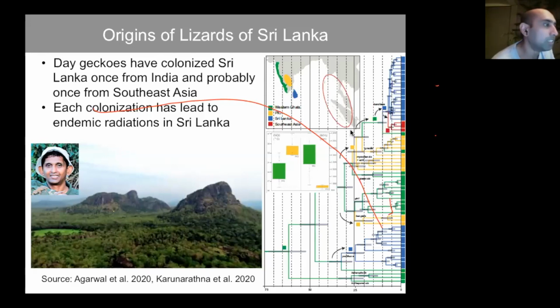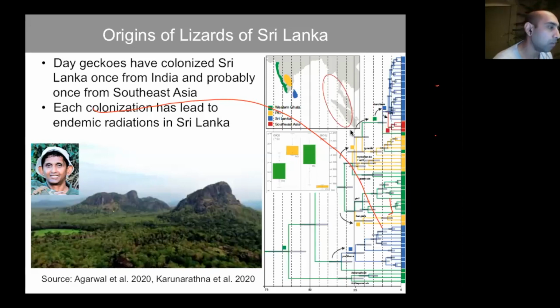So we are still baffled by that. But both colonizations, from India and from the Sunda regions, have resulted in rapid speciation events within the country.